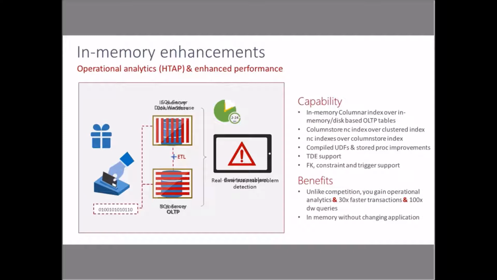And as I said, that's a minimal figure. I've seen a 300 to 400 times increase in performance compared to traditional indexes and traditional tables. The application itself doesn't need to change to support these features. The clients don't need to change. We simply allow these features to be used for our tables and for our data warehouses or databases.